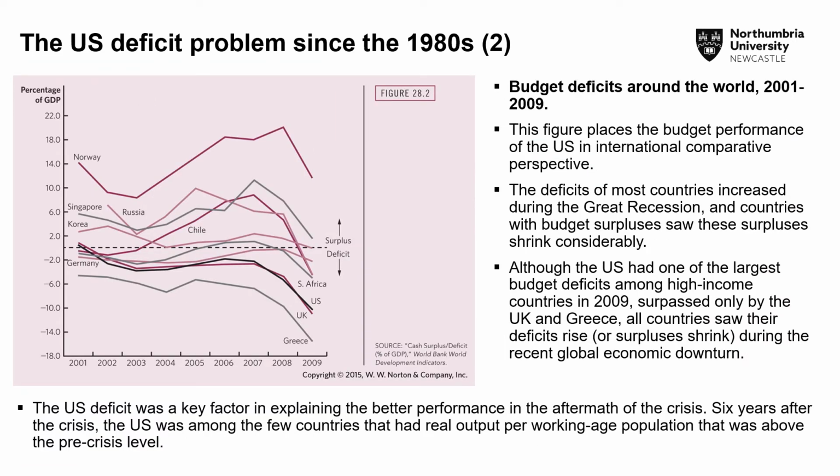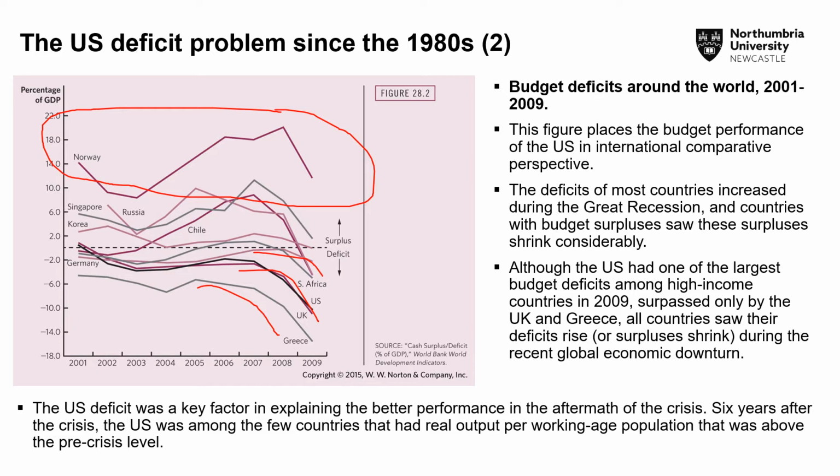Going into more detail, what we see here is how the budgets and surpluses for the US compare to numerous other countries. As you can see, Norway is running a surplus throughout the early 2000s, whereas the situation for the United Kingdom, the United States, and South Africa is deteriorating.